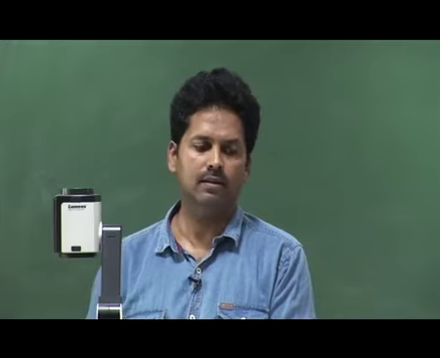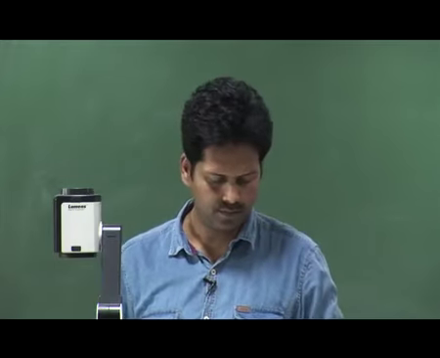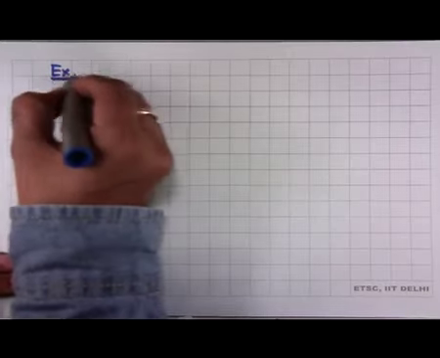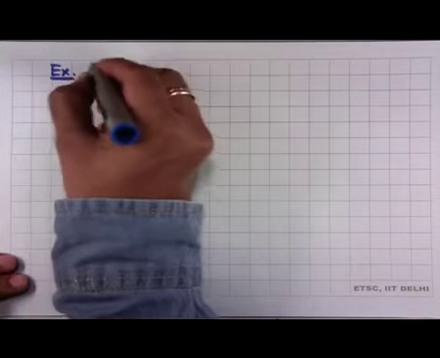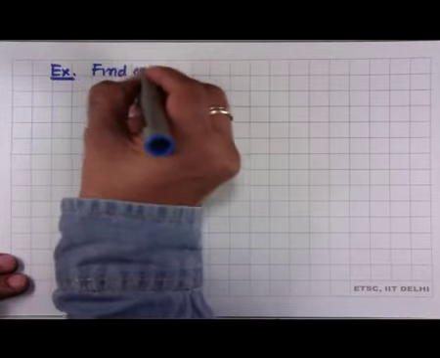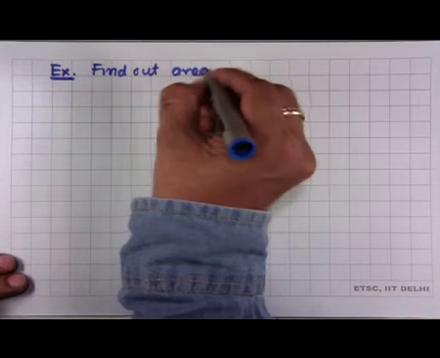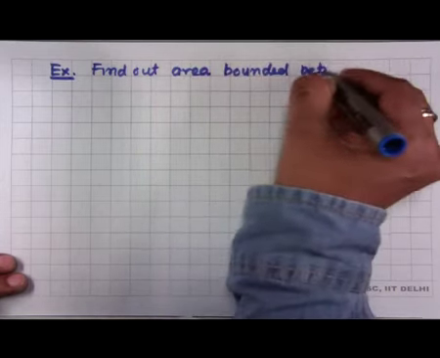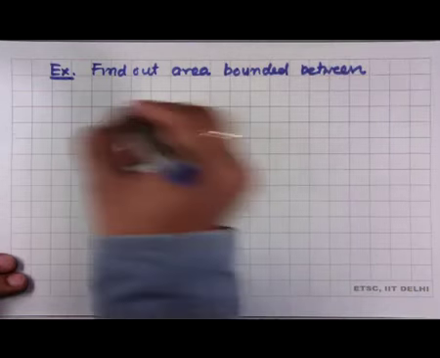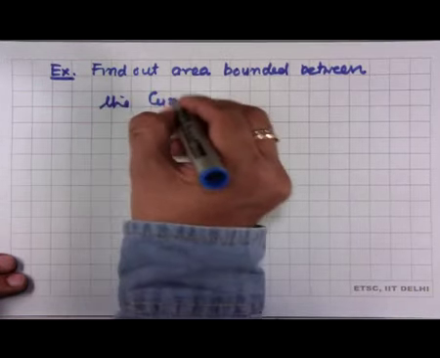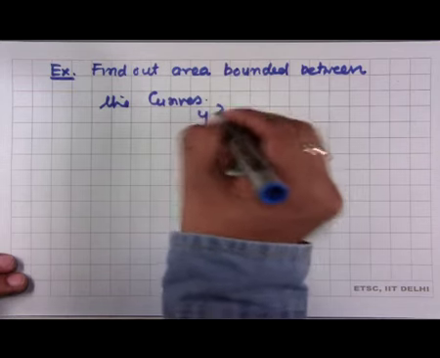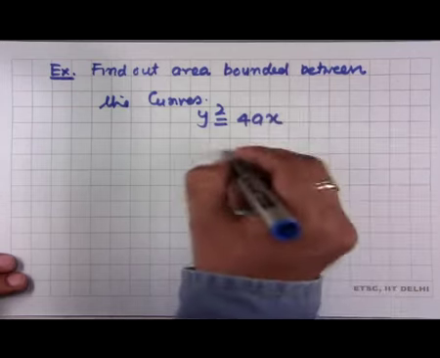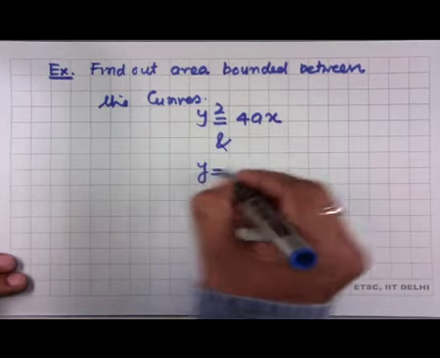Let us take another example. So, the example is: find out the area bounded between the curves y square equals to 4ax and y equals to mx.